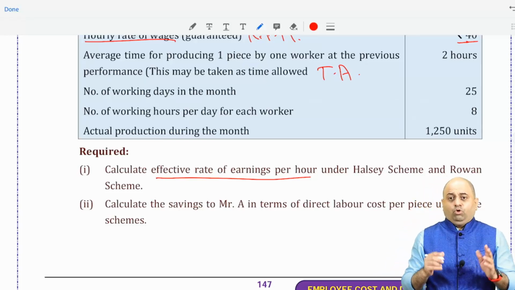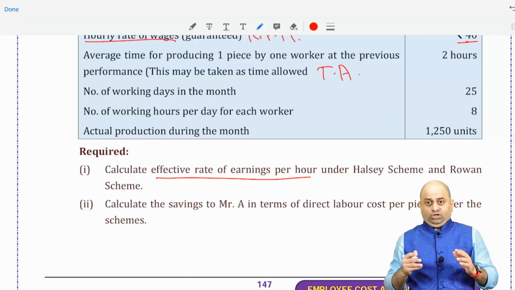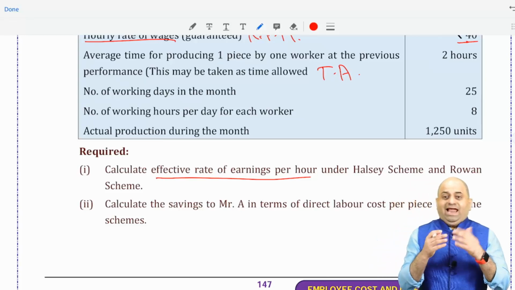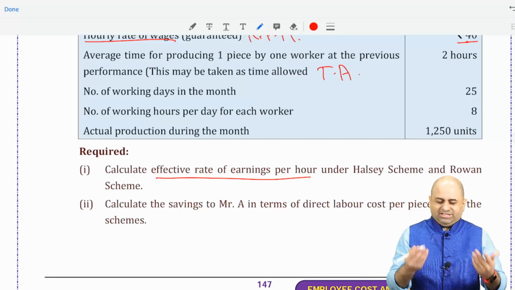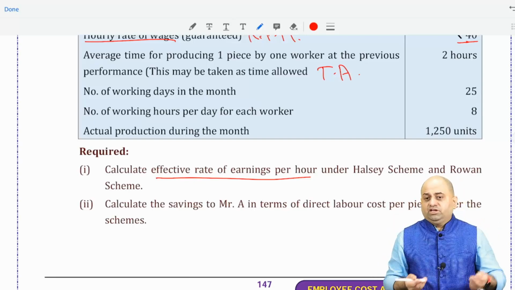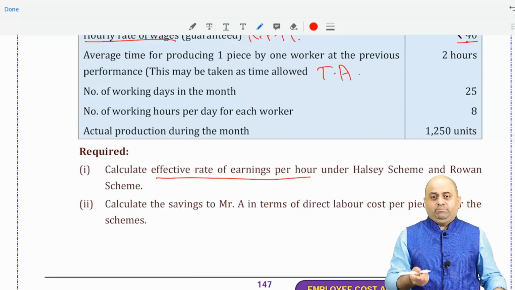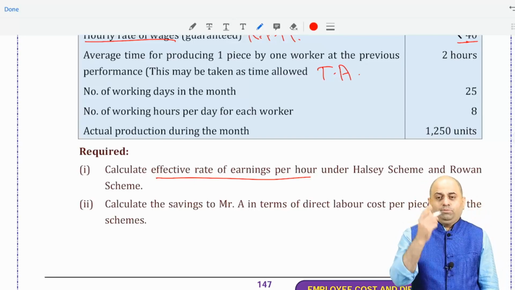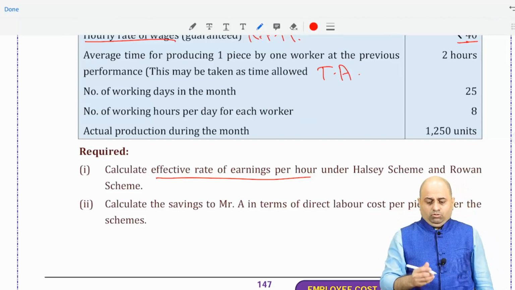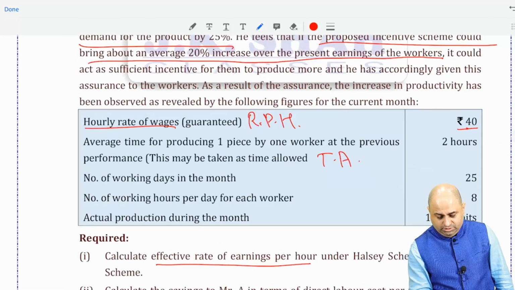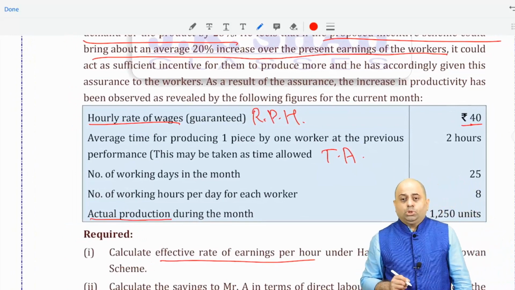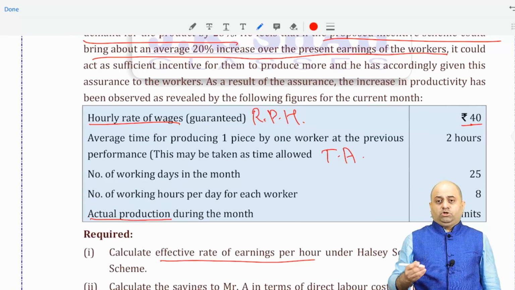Fair enough. Only place where you have to remember something is this, that to calculate time saved, again the same words that I've been using so far. Time saved is a calculated figure. You require two variables, time allowed and time taken. Both must be for actual production. So now your actual production is 1250 units.